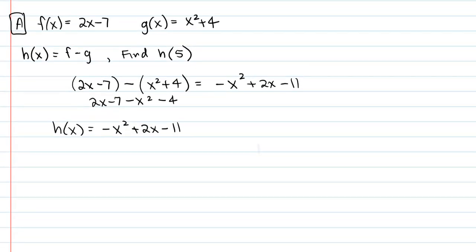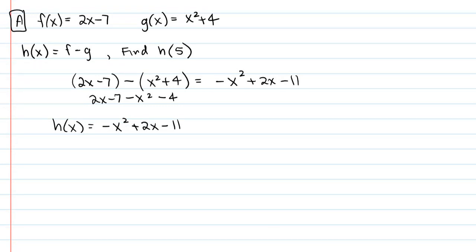Now to complete the second part, it asks me to find h of 5. That just means that in my new equation, wherever there is an x, I'm going to put a 5 instead. So I have negative 5 squared plus 2 times 5 minus 11.